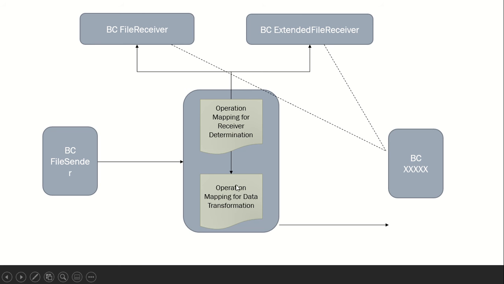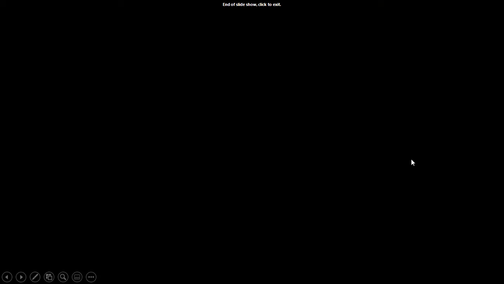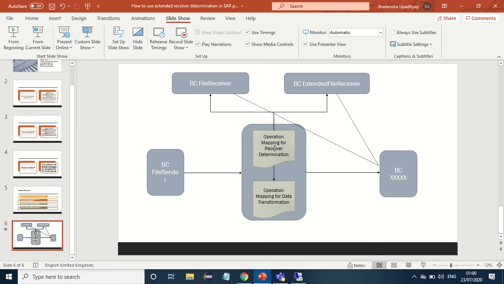In our scenario, we are not going to use this. We will make it a pass-through scenario, but we are going to implement this operation mapping. So once this happens, the message directly goes to the receiver channel. Now I'll go into the PI system and show you how it is actually implemented.